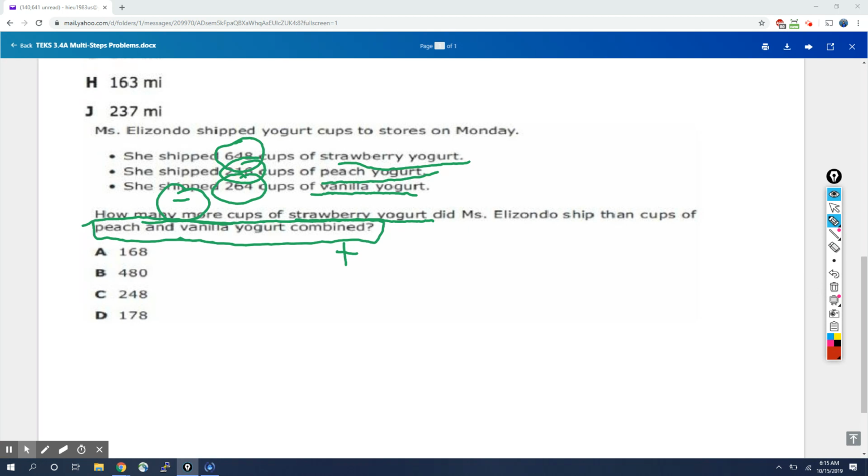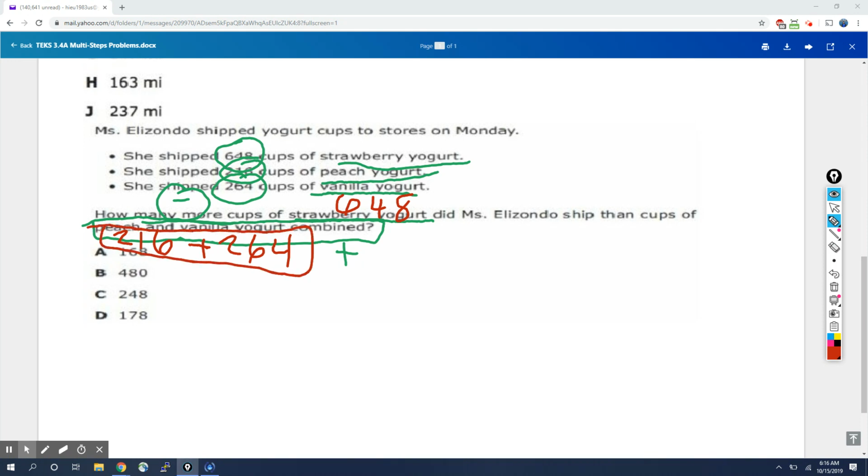So first of all, we need to note strawberry cups will be 648. Then peach will be 216, and vanilla will be 264 combined. So step 1.